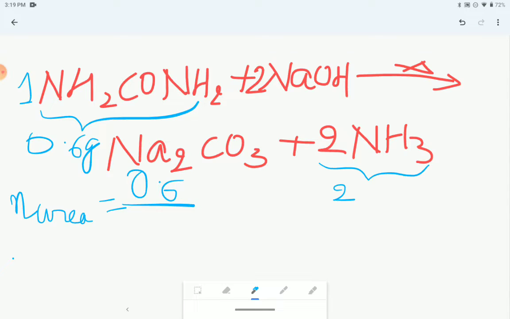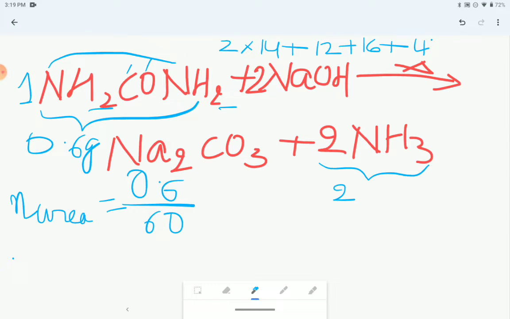Molecular weight is 2 nitrogens, 2 into 14, plus 1 carbon 12, plus 1 oxygen 16, plus 4 hydrogens, 4 into 1, which is 4. If we calculate this, 28 plus 28 plus 4, which is 60, which results in 0.01. Yes, it's 0.01 moles.